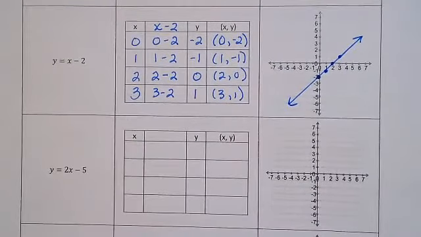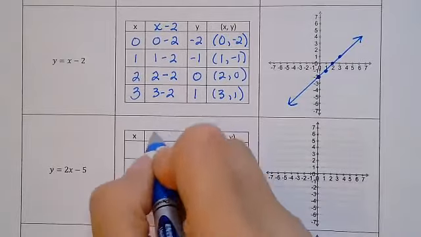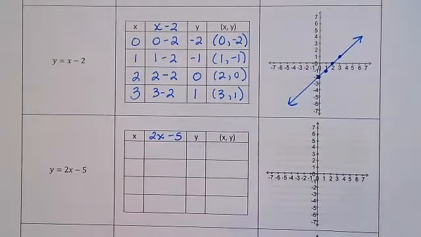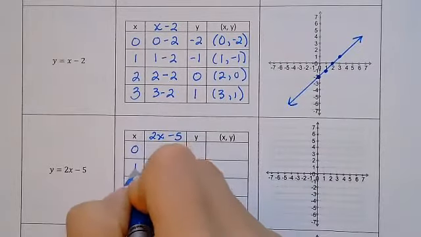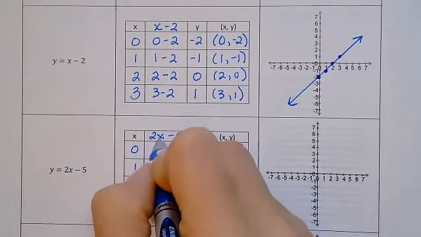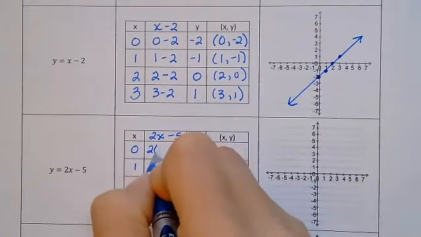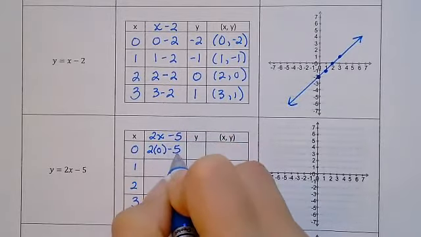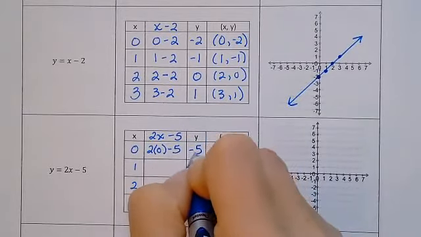Okay, y equals 2x minus 5. 2x minus 5 in our function table. Again, we're going to keep it simple. 0, 1, 2, 3. Substitute 0 for x. So 2 times 0 minus 5. Well, 0 minus 5 is a negative 5.